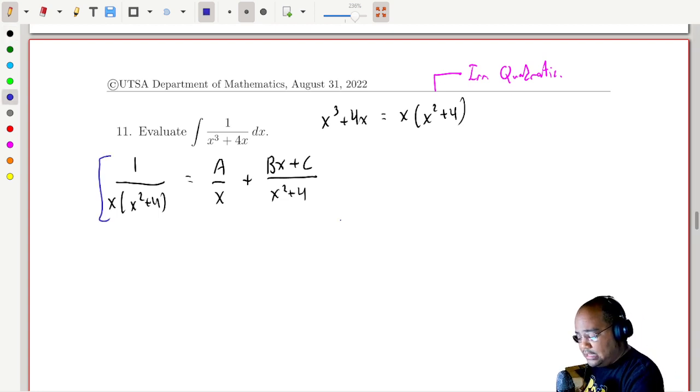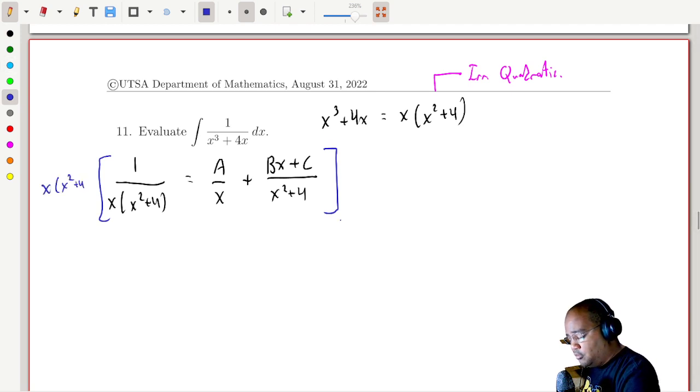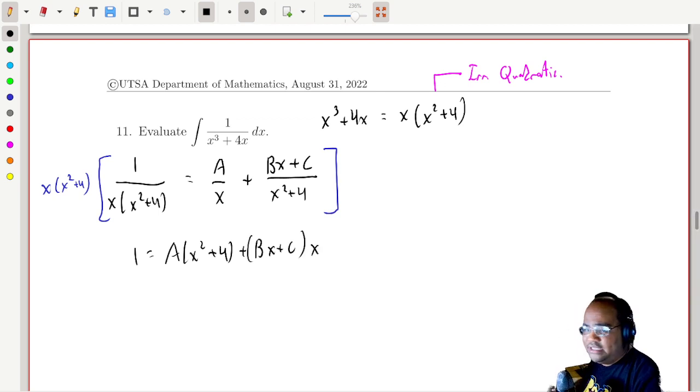We go ahead and multiply through by the common denominator, x times x squared plus 4, to clear the fraction. And I have 1 equals a times x squared plus 4 plus, let's be careful here, bx plus c times x. That's just done by multiplying through, distributing, doing all that good stuff.